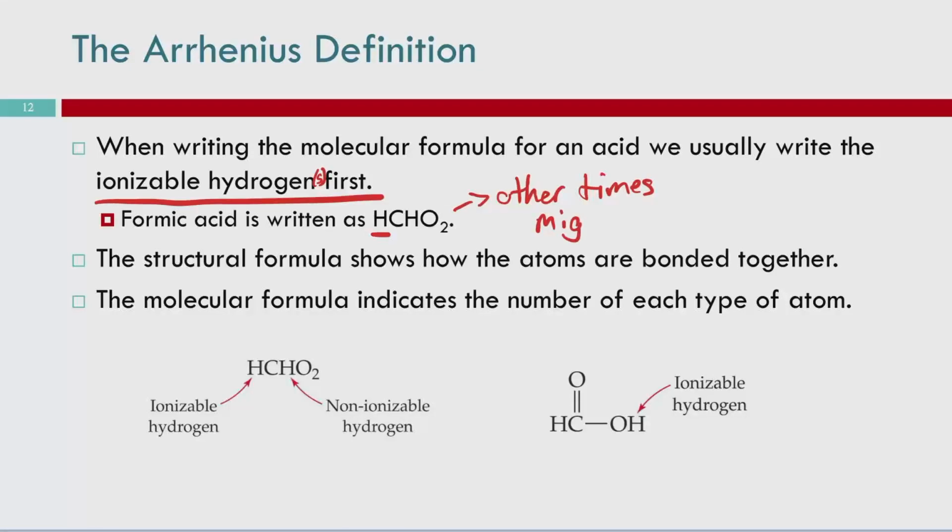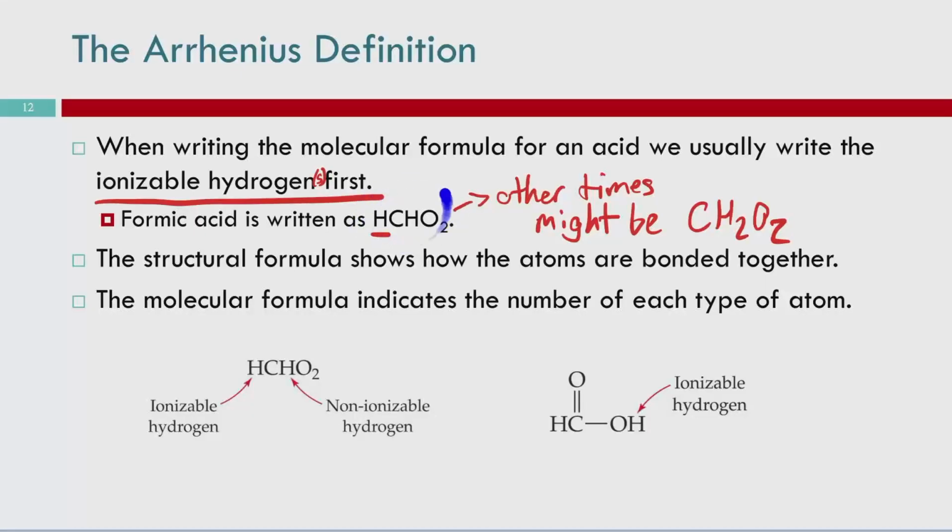Other times it might be CH2O2. In this class, we're generally going to show the ionizable protons first. It's also a helpful indicator that something is an acid. I believe we talked about that in nomenclature way back when.